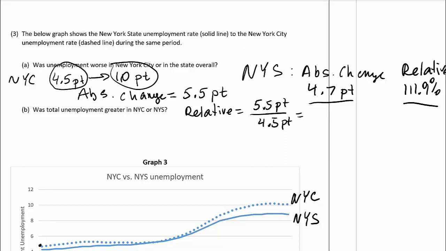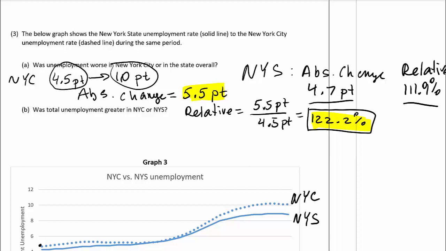So if we calculate that, we divide 5.5 over 4.5 and multiply by 100, it gives us 122.2%. So as you can see, both the absolute change and the relative change in New York City was higher.